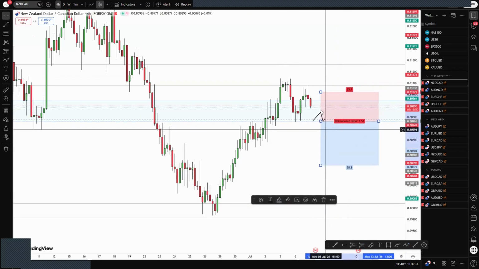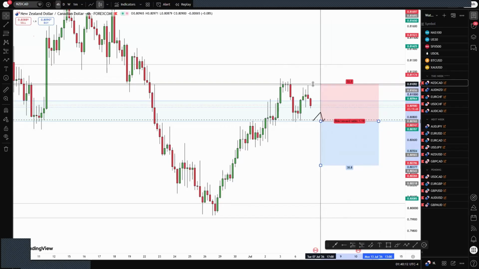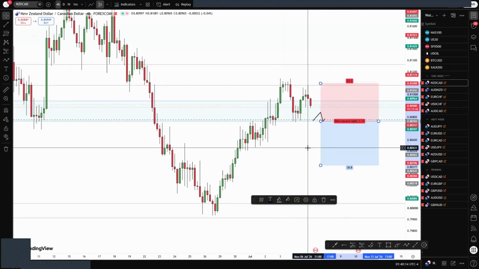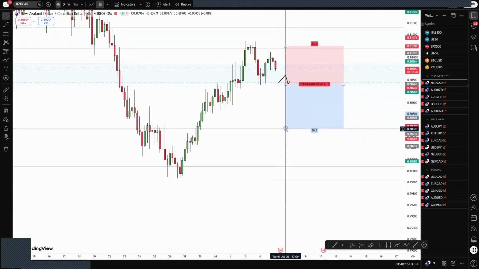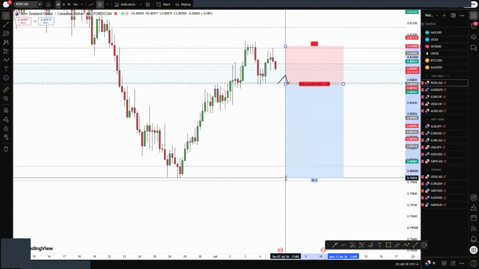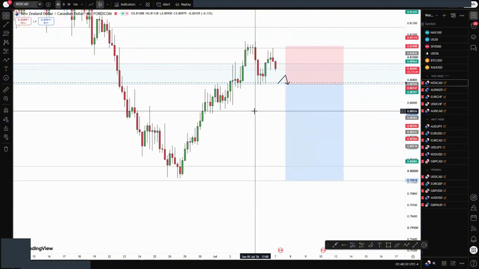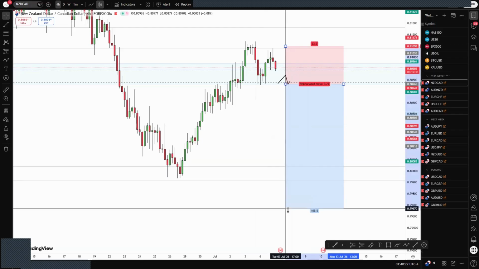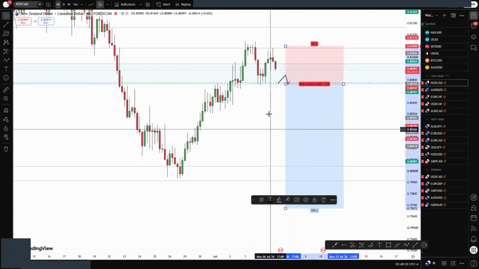Meaning if we enter here, my stop again has to be all the way up here, almost the same thing, you see? And then my first take profit is here, not even my minimum. So meaning I can't take this trade, because now if I want to get my minimum, I have to push myself with price coming all the way here, you see?